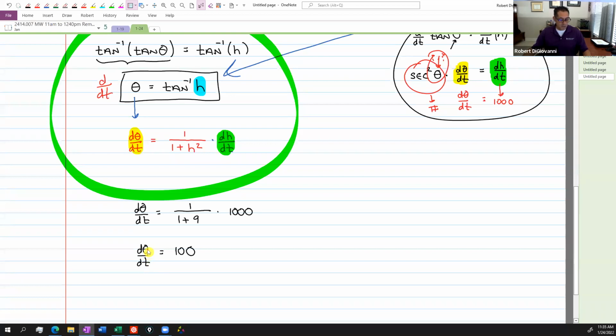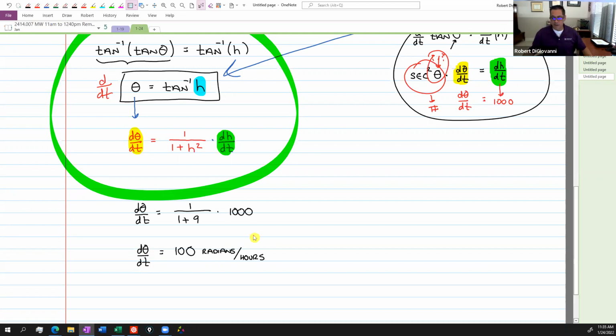So our unit should be the angle is measured in radians, and the time here is measured in hours. So at that particular instant that the rocket is 3 miles high, the observer's angle of inclination is changing at an instantaneous rate of 100 radians per hour.